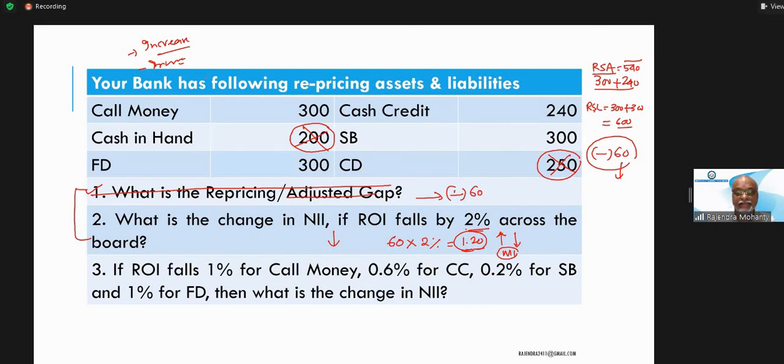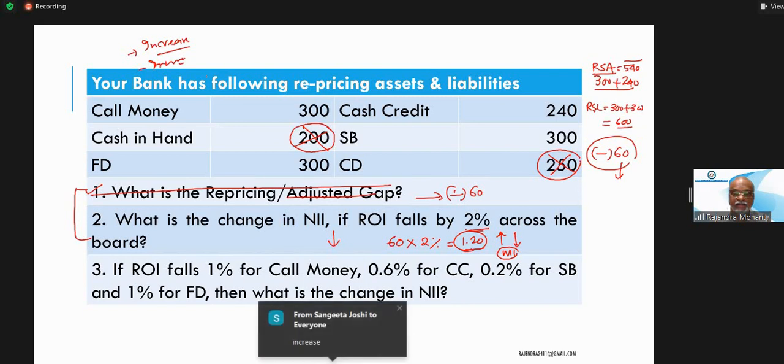Anybody, increase or decrease, whatever it is. Definitely it is an increase or decrease. There is no staying at the same level. It is either increase or decrease; two options are there. Apply your logic. Sangeeta also says increase.